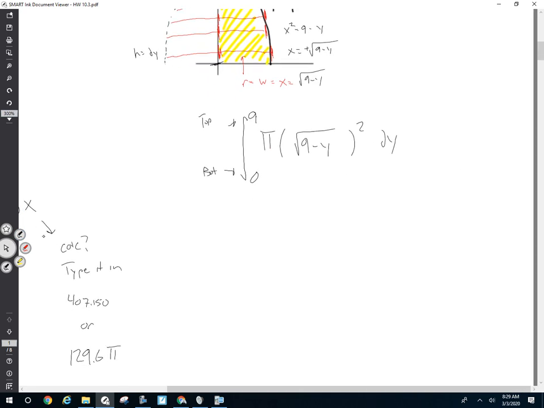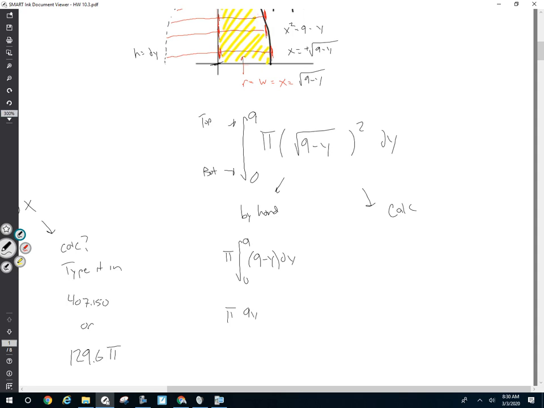Now again, we need to be ready to do this by hand, which means we should simplify. In this case, it actually works out kind of nicely. After I pull out the pi, I could square the roots, and it's just 9 minus y. Calculator, you'll just type it in. But let's just actually do the calculations here.